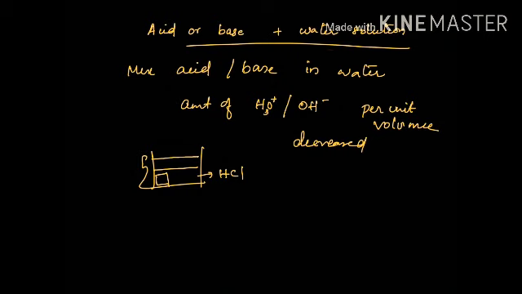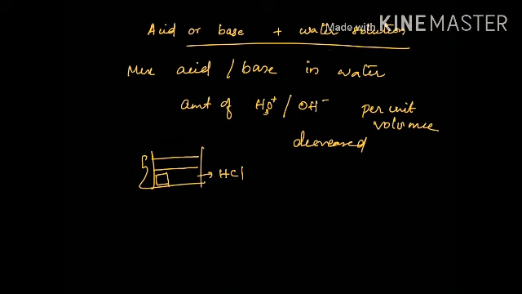So the amount of H plus ions or the OH minus ions present per unit volume will get decreased when we dilute it with the water, right? When we mix it with the water, the amount of H plus ions or the OH minus ions will get decreased.